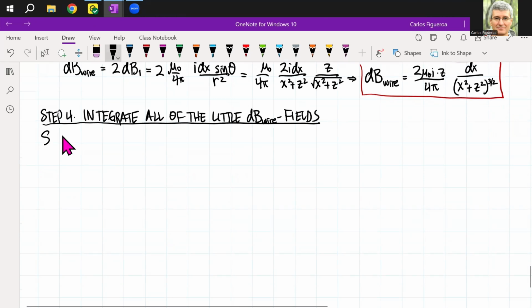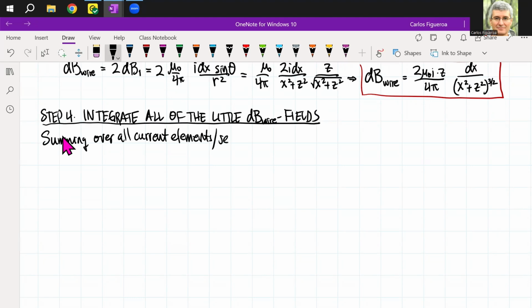Summing over all current elements or segments, we find that we have B of the finite wire.